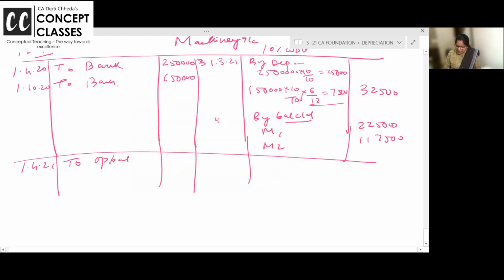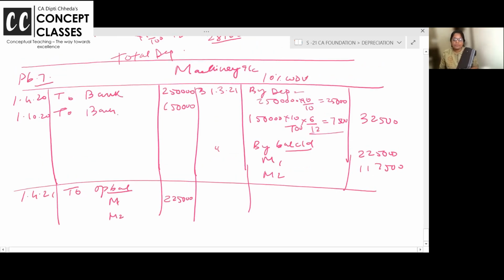Opening balance. M1, 225. M2, 250 plus 150 minus 32,500.